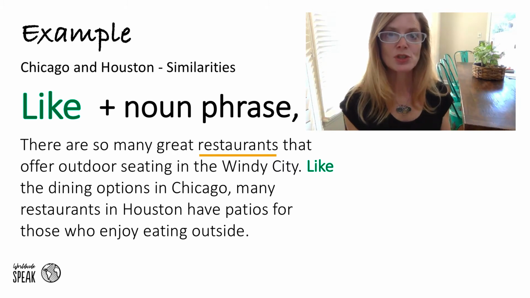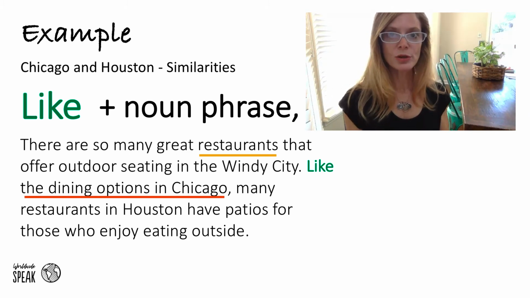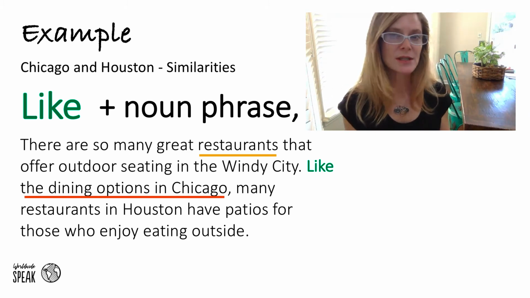restaurants, right? So I need to mention restaurants again, and this is where the noun phrase comes in. Like the dining options in Chicago. I used the words dining options instead of restaurants again to vary my writing to make it more interesting.